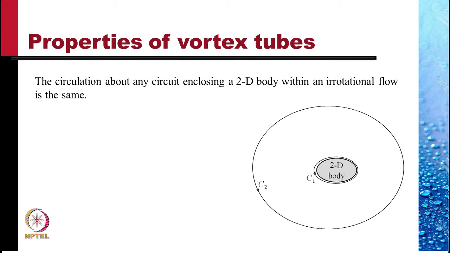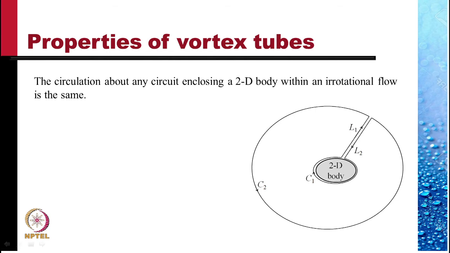but we can artificially create a composite circuit, slit the space between the two circuits by two straight lines L1 and L2, and connect them to C1 and C2 in the manner shown.